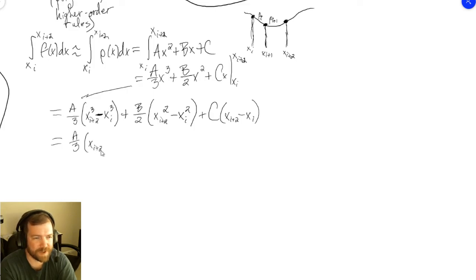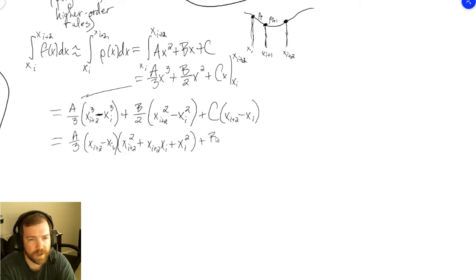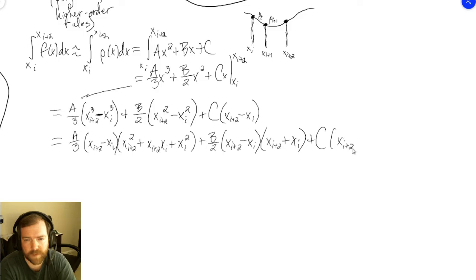But x sub i plus 2 minus x sub i is then multiplied by x sub i plus 2 squared plus x sub i plus 2 x sub i plus x sub i squared, plus b over 2 times x sub i plus 2 minus x sub i times x sub i plus 2 plus x sub i, plus c times x sub i plus 2 minus x sub i.